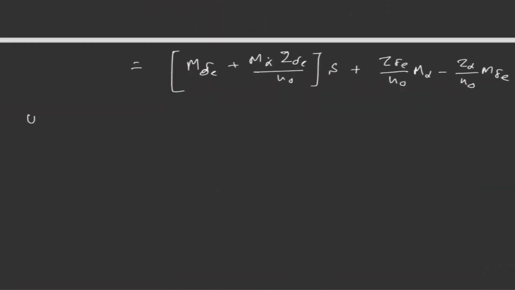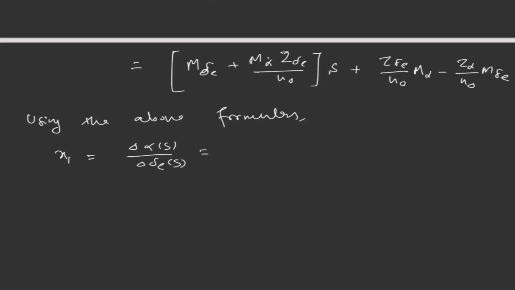So using the above formulas, we can find X1, which is delta alpha S over delta delta S. The determinant for both the cases will remain the same, so only the numerator part differs; the denominator part will be the same.